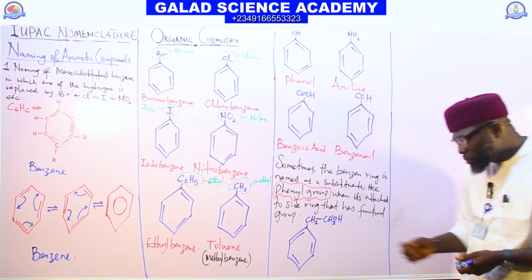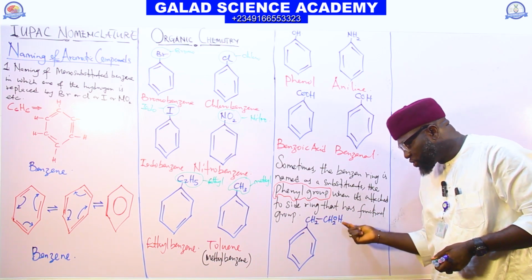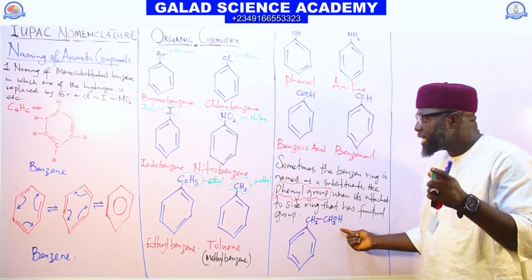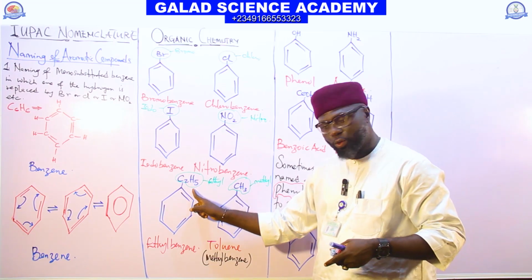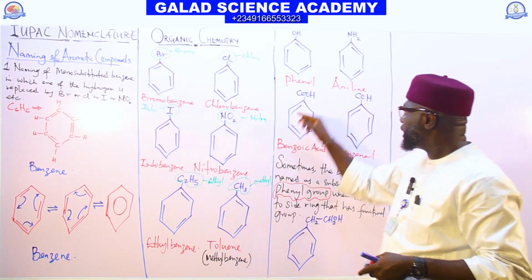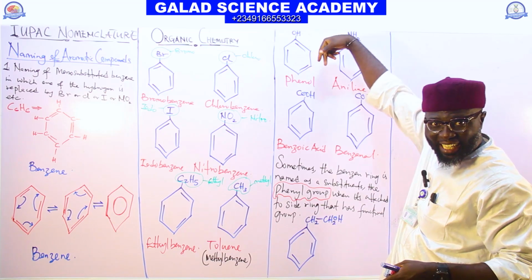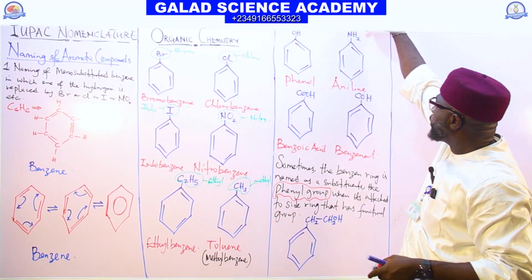Check this compound. We can see that this side chain here contains a functional group. Here, there is no functional group. Here, no functional group. This one, the functional group is attached to it directly without any carbon.